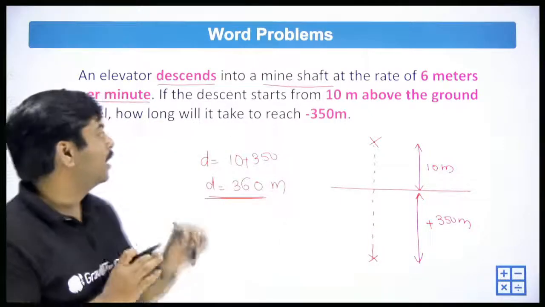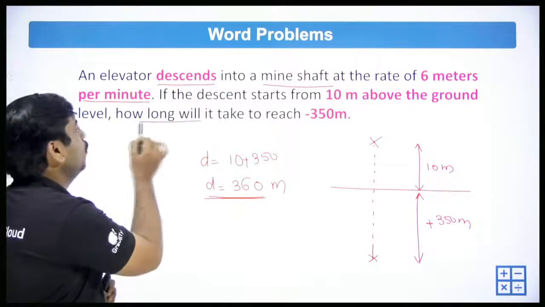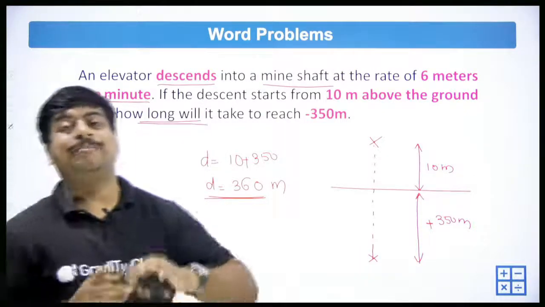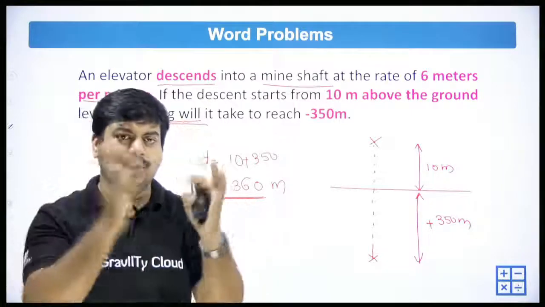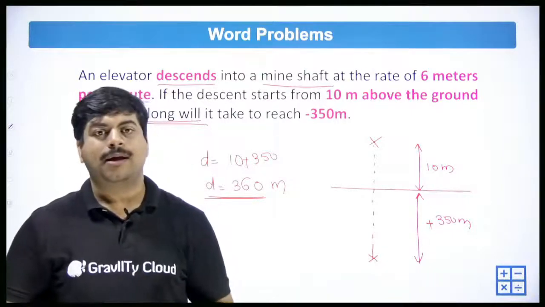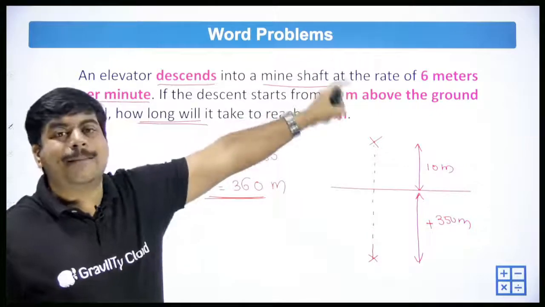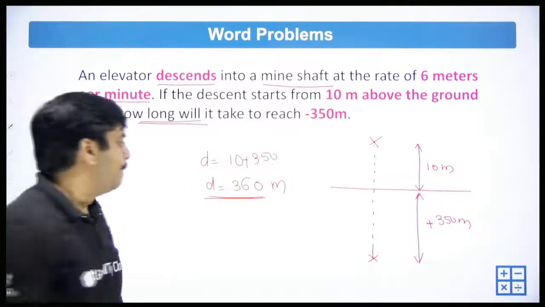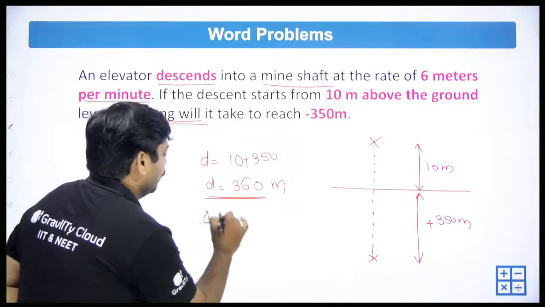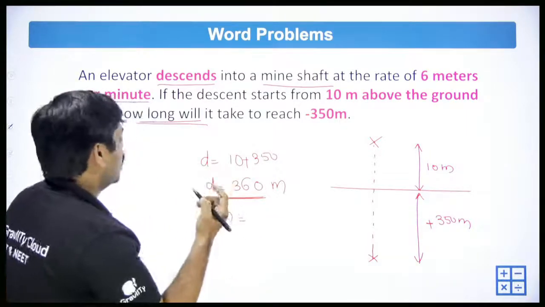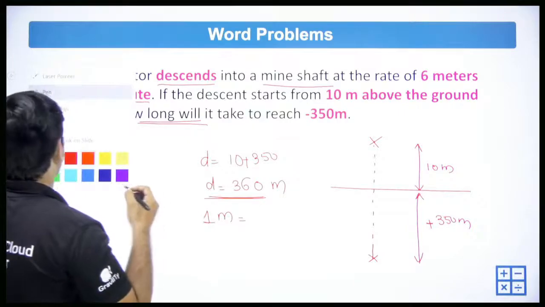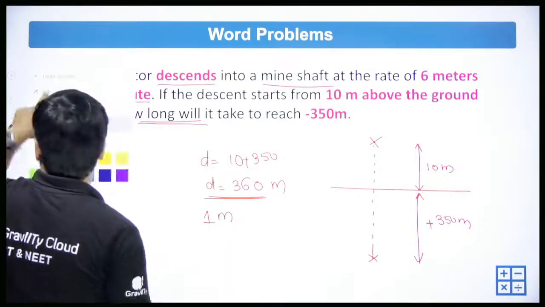But we should find how long it will take, meaning how many minutes or how many hours, the total duration of that journey at the rate of 6 meters per minute.